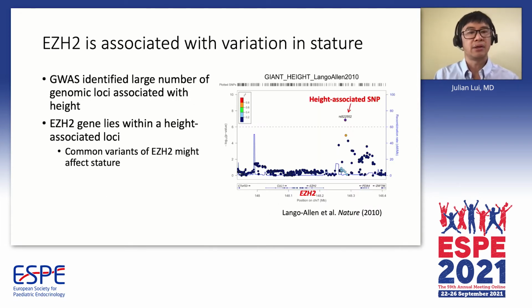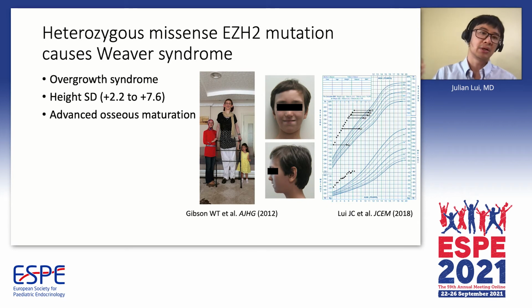And in 2010, there was a genome-wide association study, GWAS, that identified a large number of genomic loci, including the EZH2 locus, that is associated with normal human height variation in the general population, suggesting that common variants of EZH2 might affect how tall a person becomes. And then two years later, in 2012, EZH2 mutation was found in patients with Weaver syndrome.